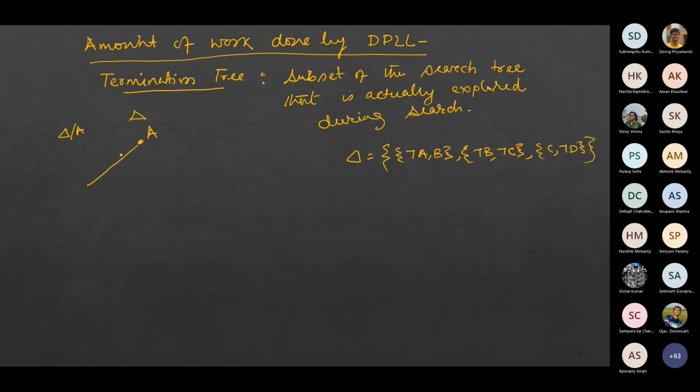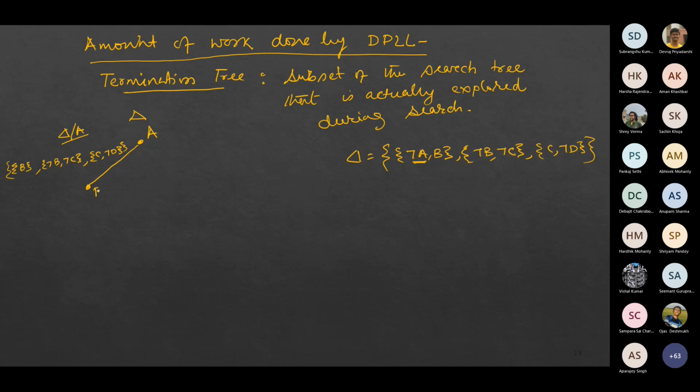Now, as we follow the path A equal to true, we are doing conditioning over delta A. As an outcome, we get something like B, because if we set A to be true, this clause becomes irrelevant. So we have B, then B C will be there, not B, not C will be there, and C, not D will be there, right? So this is my status.